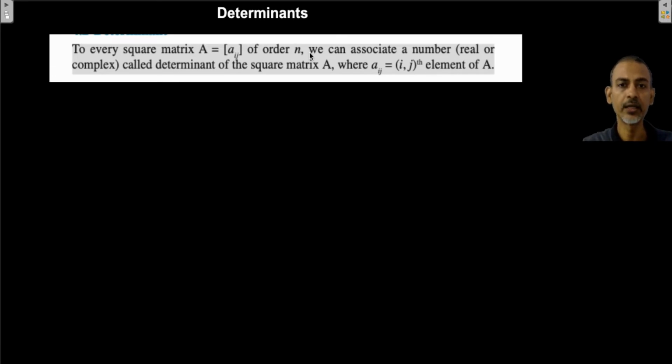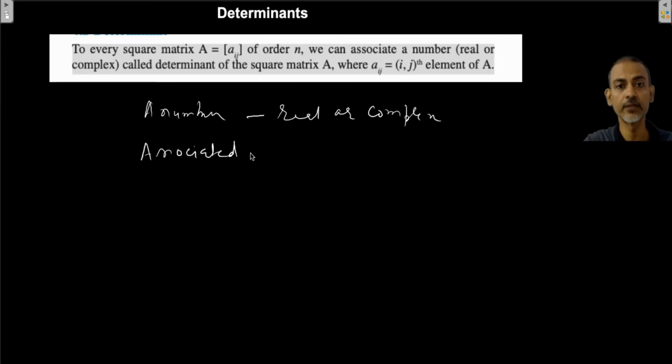So what we take out from here is, first, determinant is a number. Basically it's a number, real or complex. Second, it is associated with a square matrix. Only a square matrix is associated with it.